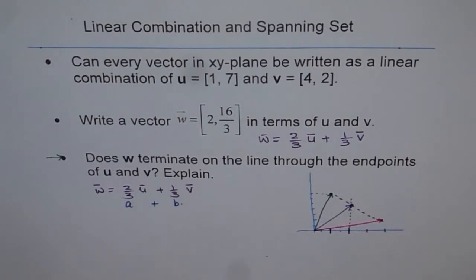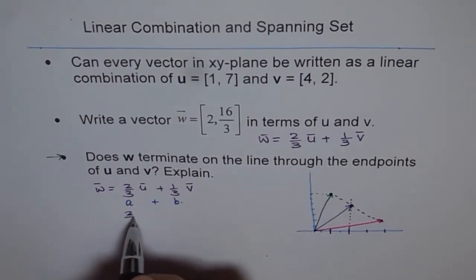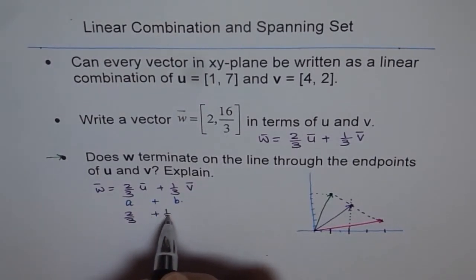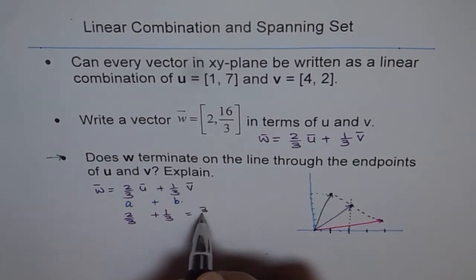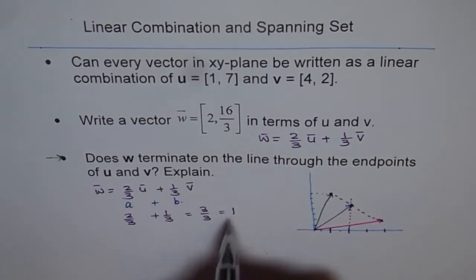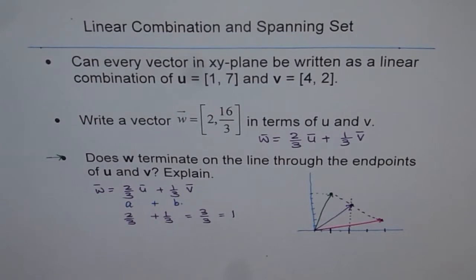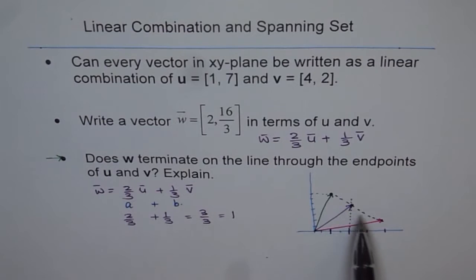Let's do that. 2/3 plus 1/3 equals 3/3, that is 1. You will notice that whenever the sum of these two scalar multiples is 1, then your vector will always be on the line segment joining u and v. That is what you'll always see.